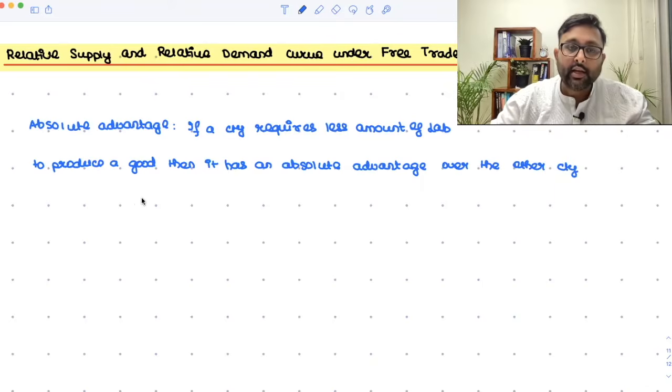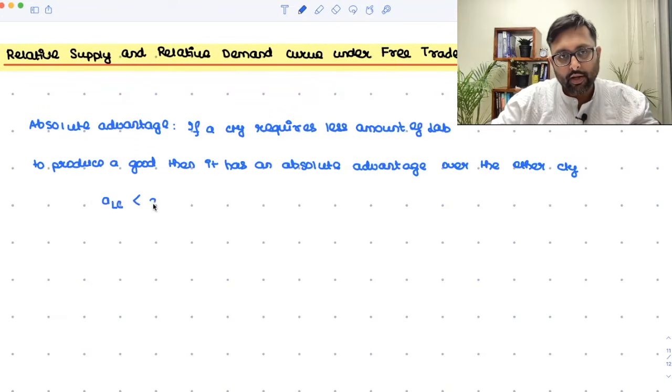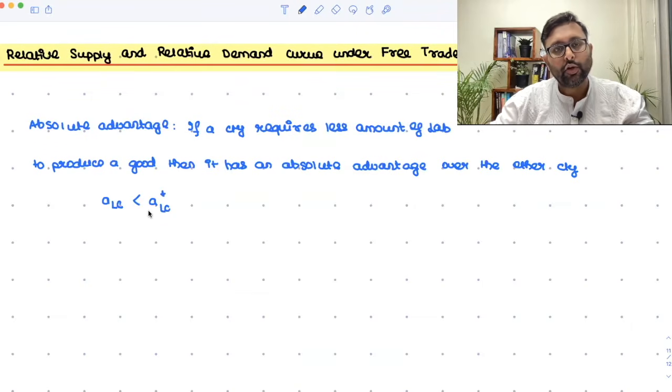So if we say that ALC is less than ALC star, that is, the unit labor requirement to produce 1 unit of cloth in the home country is less than the unit labor requirement to produce 1 unit of cloth in the foreign country, then home has the absolute advantage in the production of cloth.